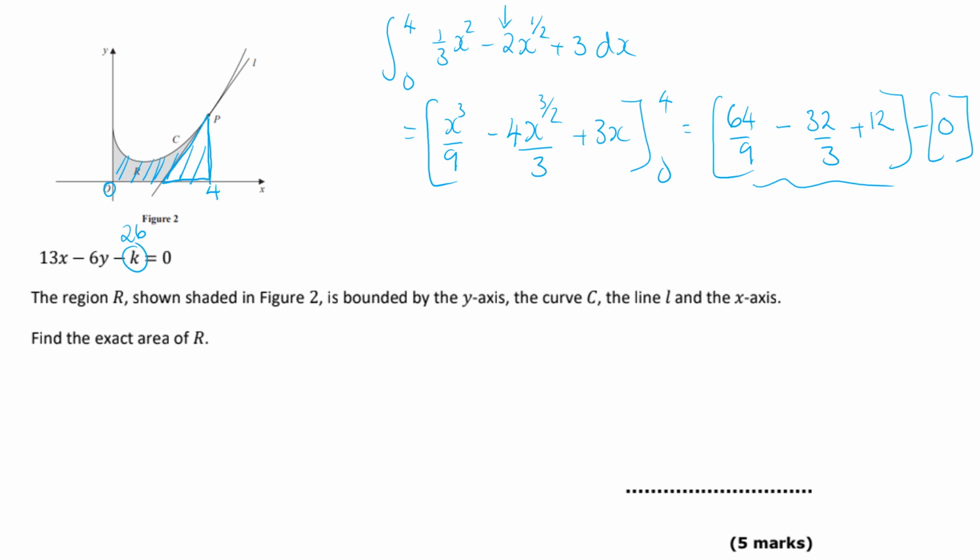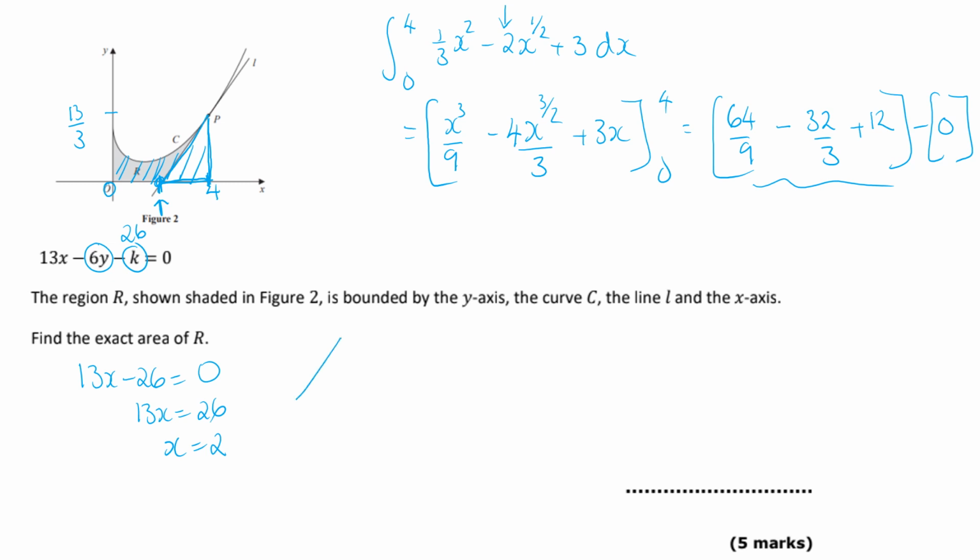We know that that triangle here is 4 along on the x-axis, but we need to know what that value is there. We know from part A that this was 13 over 3, so we're just going to do half base times height. But what is this point here? It's when we make the y coordinate 0, so 13x minus 26 will equal 0. 13x is equal to 26, x is equal to 2.